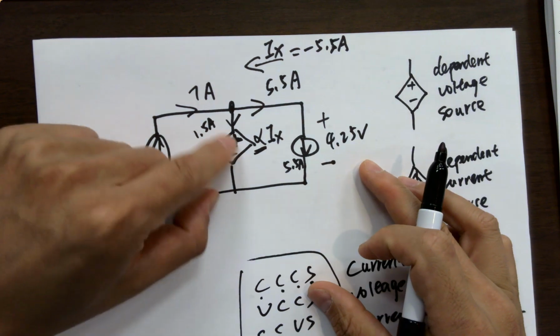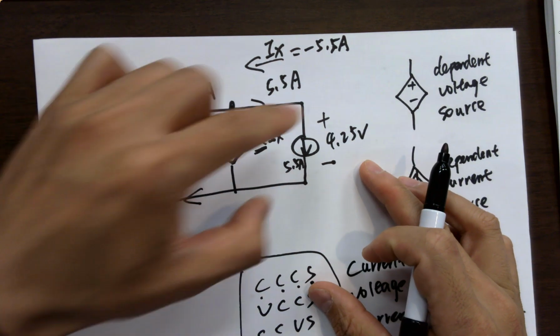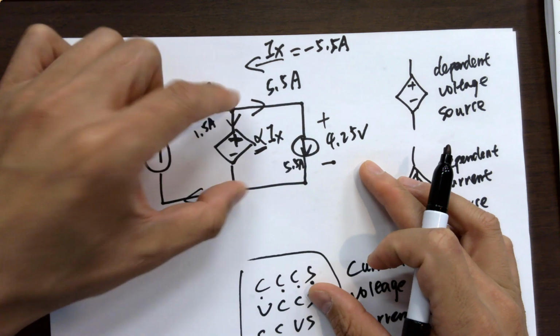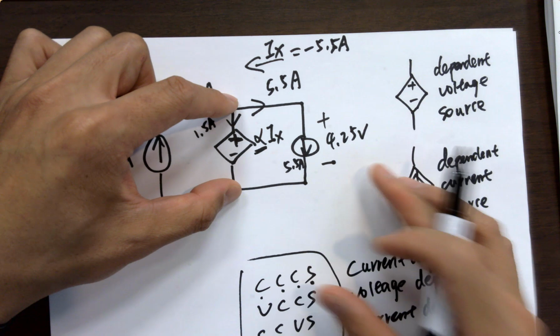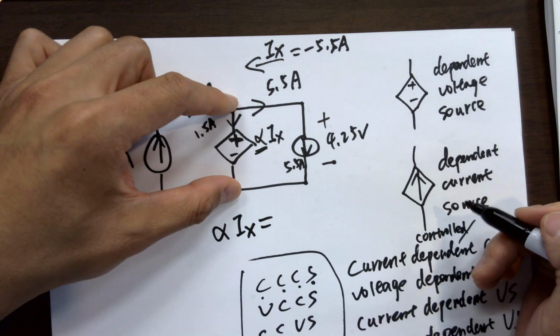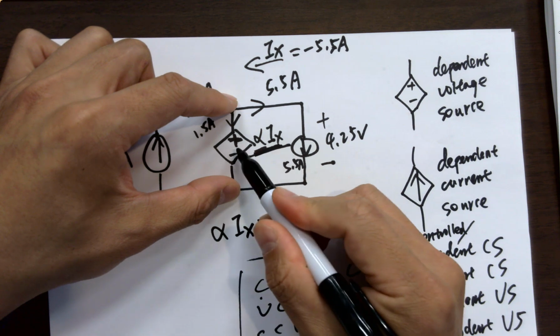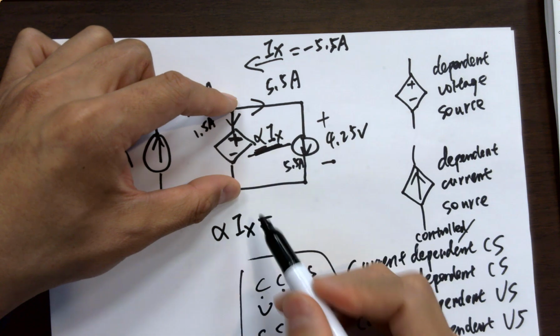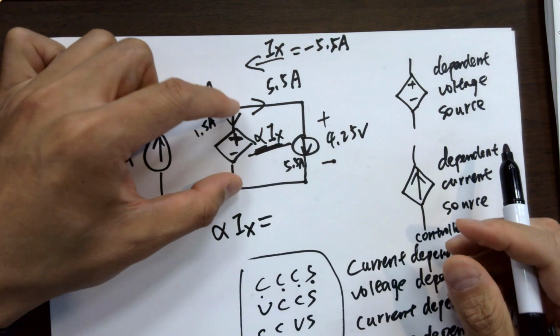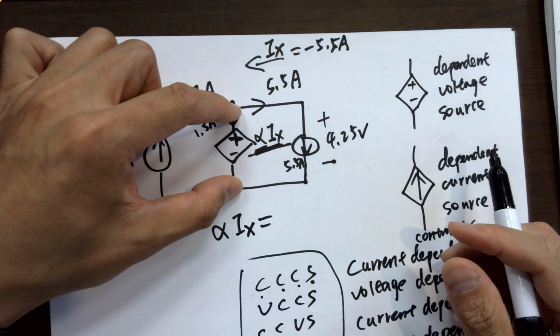So this is the voltage source. Plus minus 4.25 volts. Is that correct? So alpha Ix equals what? Because that's the voltage value of this voltage source. It's a current dependent voltage source. So alpha Ix is a voltage across this dependent source, plus minus.